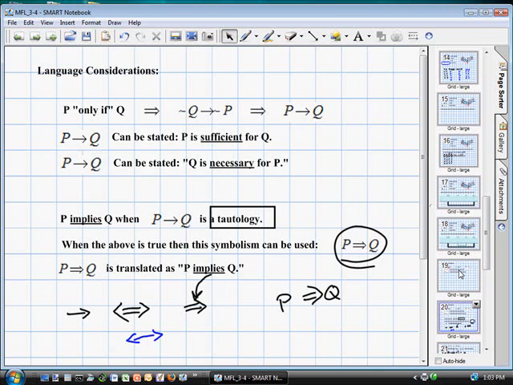My apologies. A tautology is a truth table where every single entry is true. A tautology is a truth table where you got all truths all the way down. Have we had any like that yet? I think we may have, but not very many.